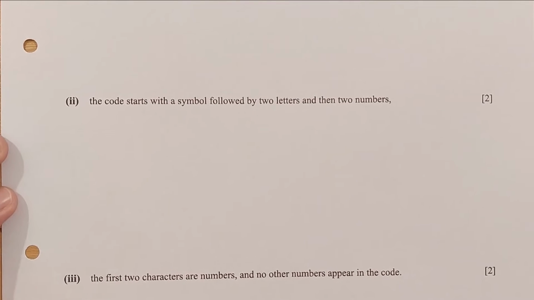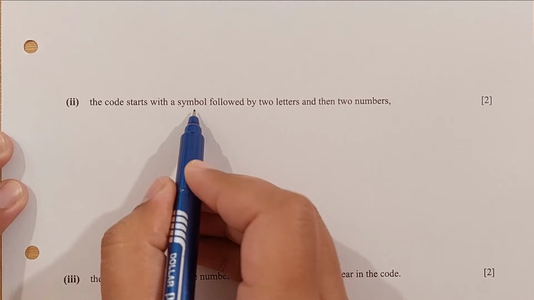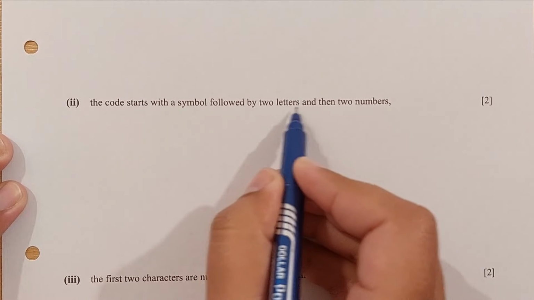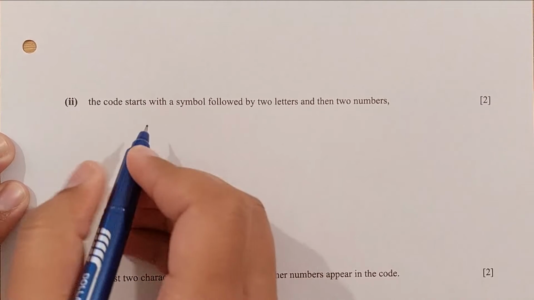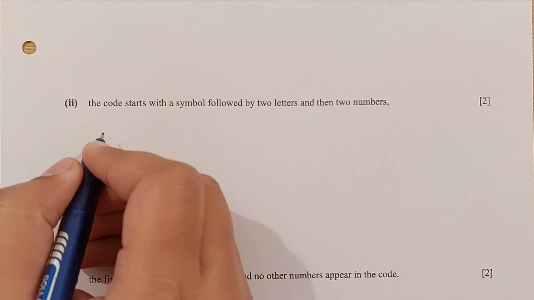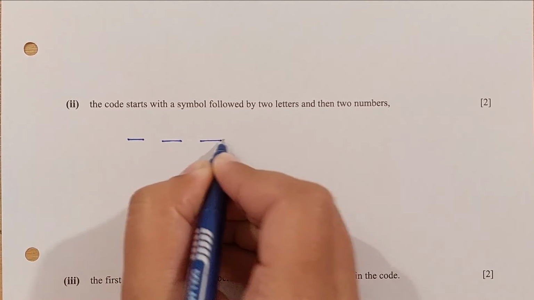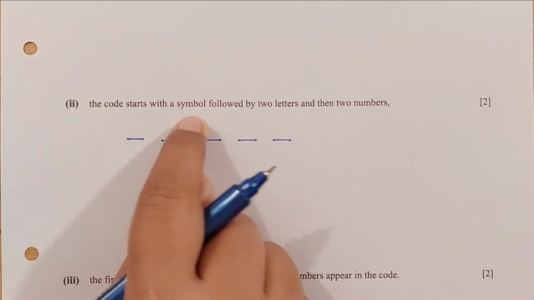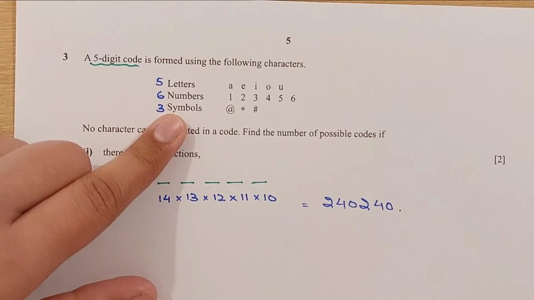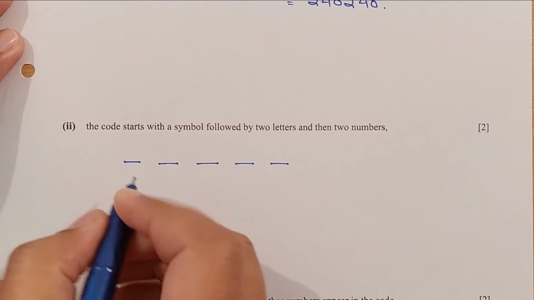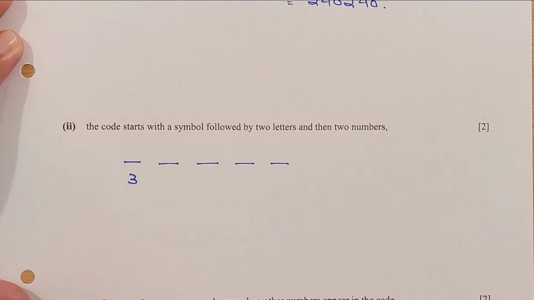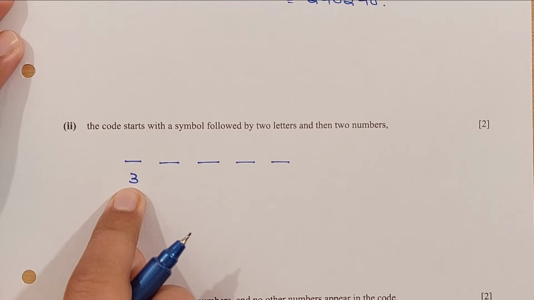Right, now for the second part: the code starts with a symbol followed by 2 letters and then 2 numbers. So first, a 5-digit code, 1, 2, 3, 4, 5. It starts with a symbol. We have 3 symbols, so for the first digit of the code we have 3 options.